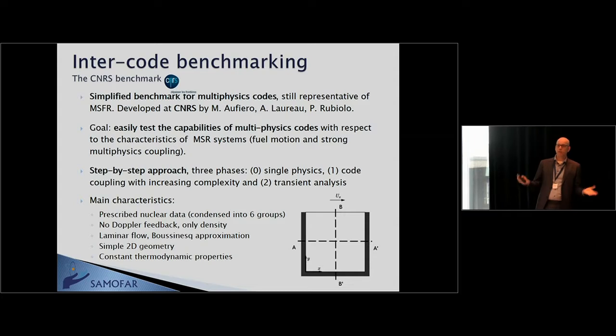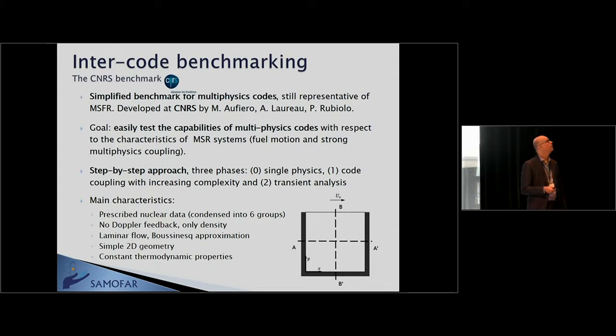So after development of these codes, or redevelopment, let's say, an intercode benchmarking study has been performed just to see how well we have been doing. And a very special benchmark has been used for this, which was previously developed at CNRS, which specifically targets the molten salt reactor.